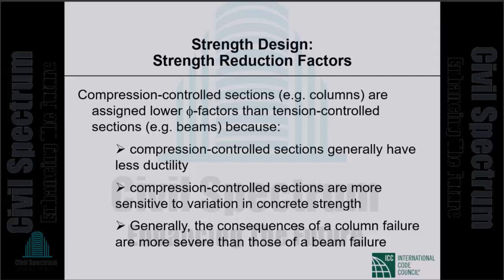Compression control sections are more sensitive to variation in concrete strength. That is absolutely true. A beam is governed in its behavior by the reinforcing steel. The concrete hardly plays a role. As the compression increases, the concrete plays more and more of a role. So compression control sections are more sensitive to variation in concrete strength.